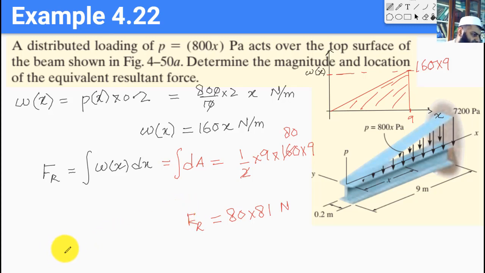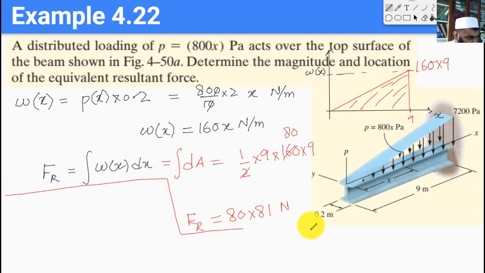Again, the next step would be to find the moment. Rather than the moment, let's just directly find x bar. Let me draw a line here, and we use this area to find x bar, which is simply equal to the integral of x W of x dx divided by the integral of W of x dx.